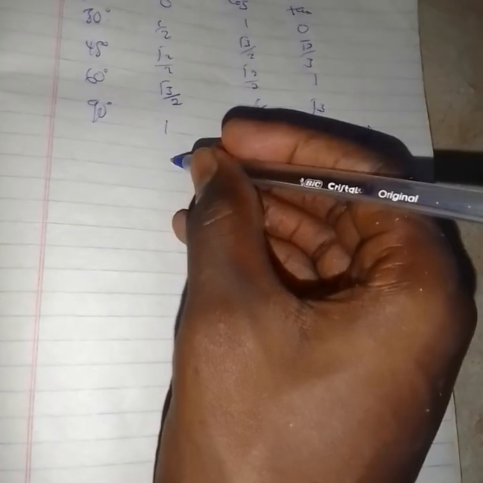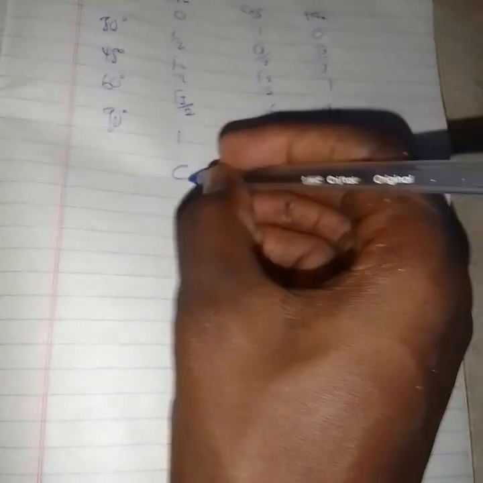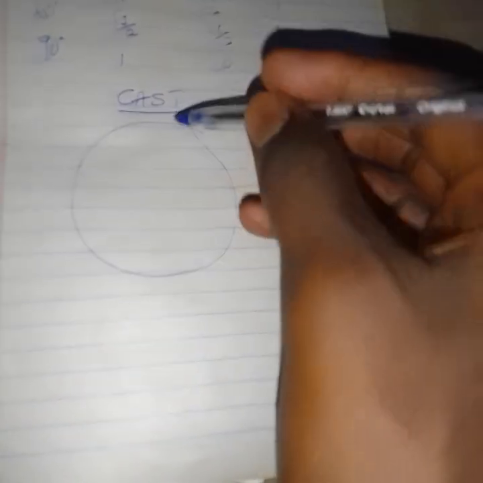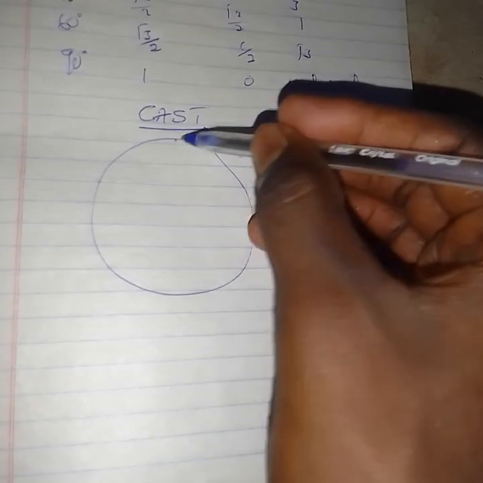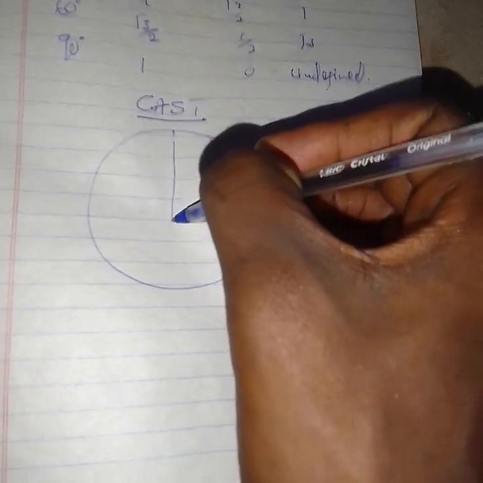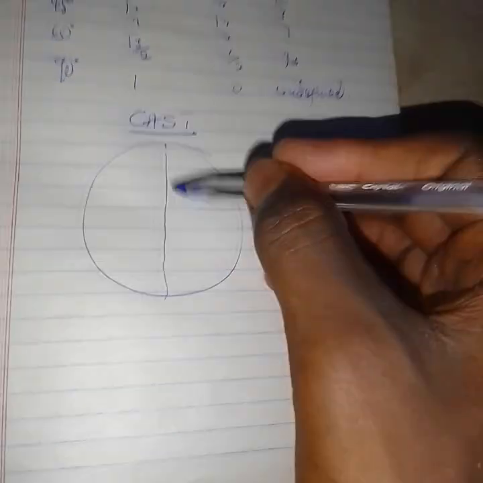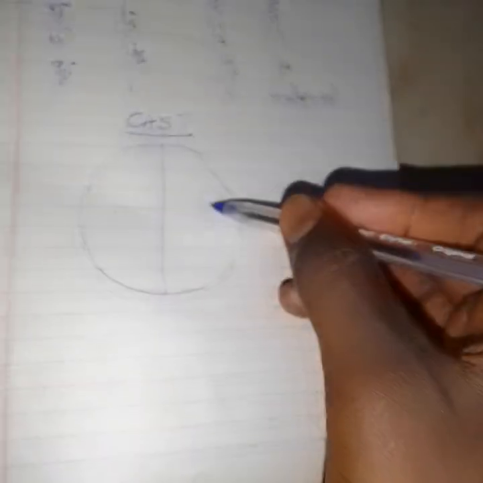In the next one, we are going to look at something they call CAST. Listen, CAST. So let's imagine we have a circle like this. When the circle is divided into 2, that means it is in halves. This one half, another half.